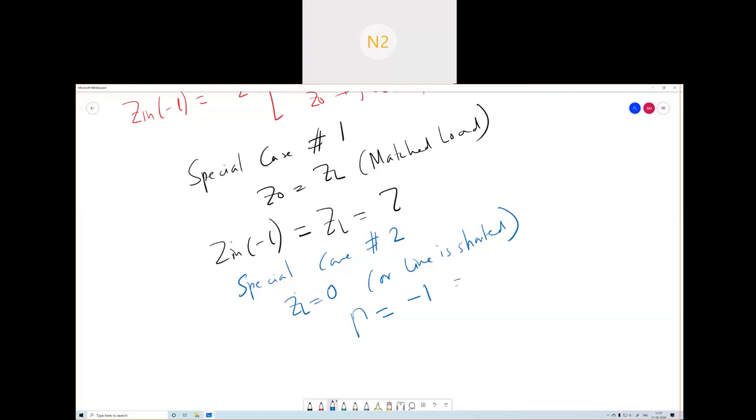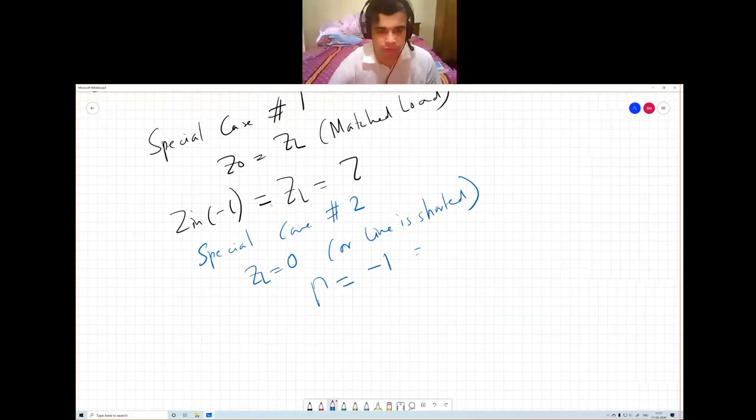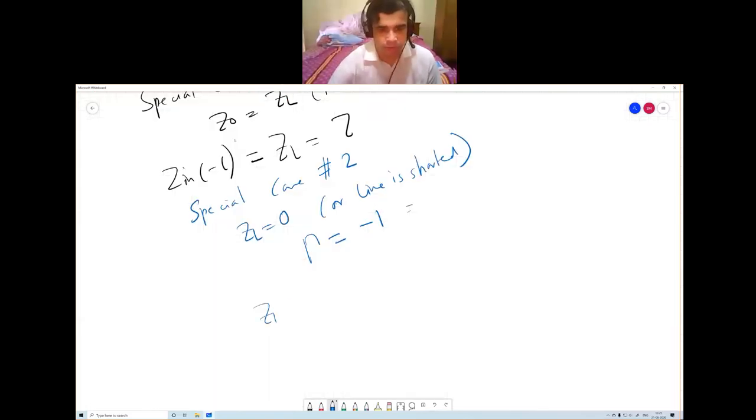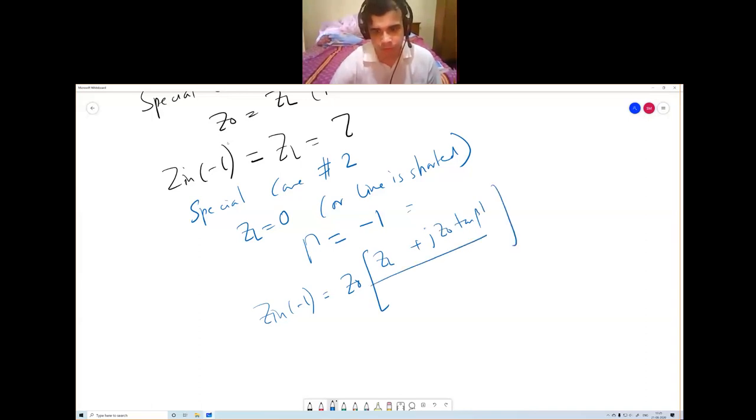Now let us find the value of Zin of minus L. So we had seen that Zin is Z0 times (ZL plus JZ0 tan beta L) by (Z0 plus JZL tan beta L). This equation is okay.